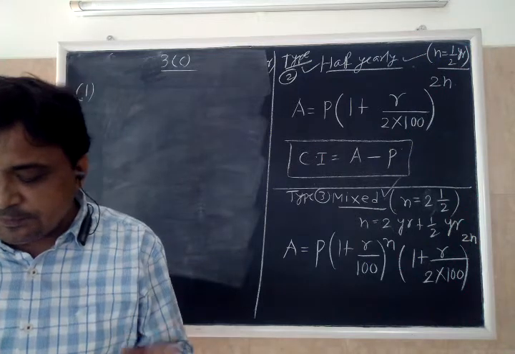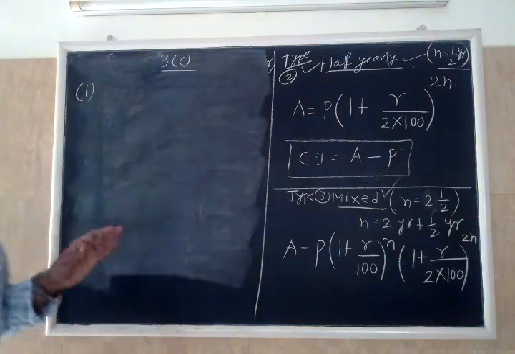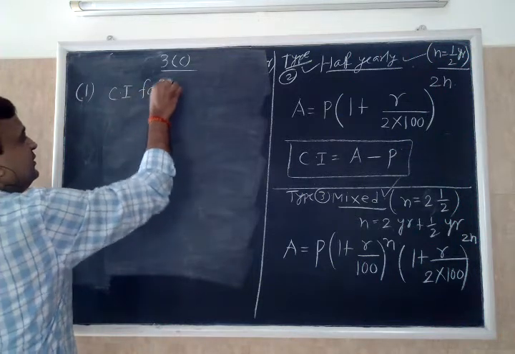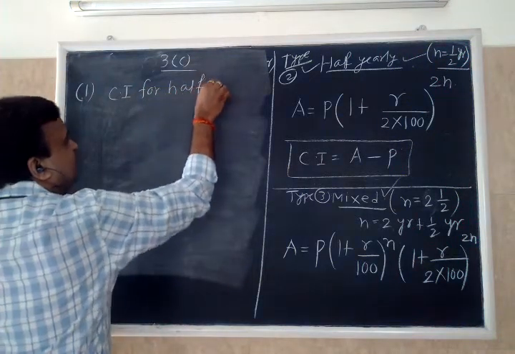If the interest is compounded half yearly, CI is given. This is a problem of half yearly.